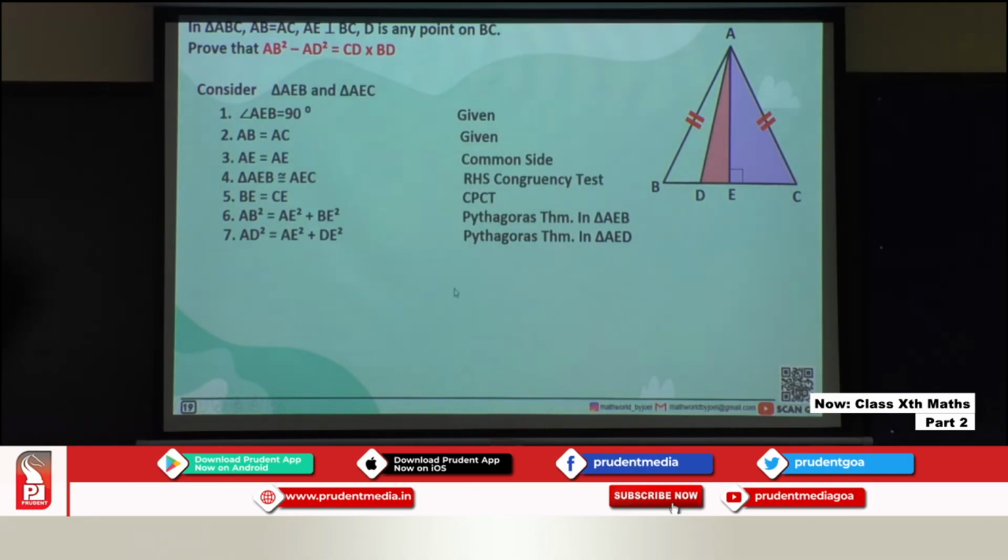So once I do this part, if we look at step number 6 and step number 7 carefully, I have AE square over here and I have AE square over here as well. So what I will do now is write step number 6 and step number 7 keeping that on one side and all the rest of the terms on the other side.